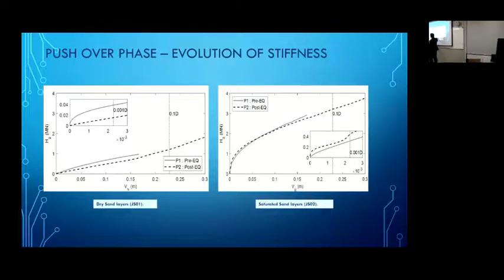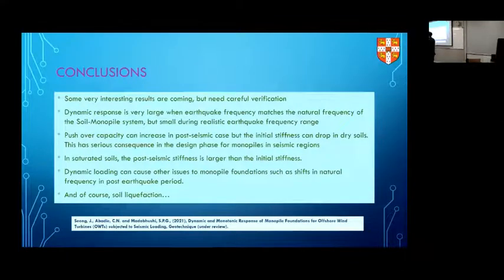Therefore, we need not worry so much about the drop in stiffness in the post-seismic period. What our tests are showing is you should only worry about that if you've got dry soil, but if you have saturated soil, your stiffness is in fact going to increase. Now, that could be of some comfort for the designers so that they don't worry about the wrong kinds of things. Okay, that's, I think, almost spot on time.